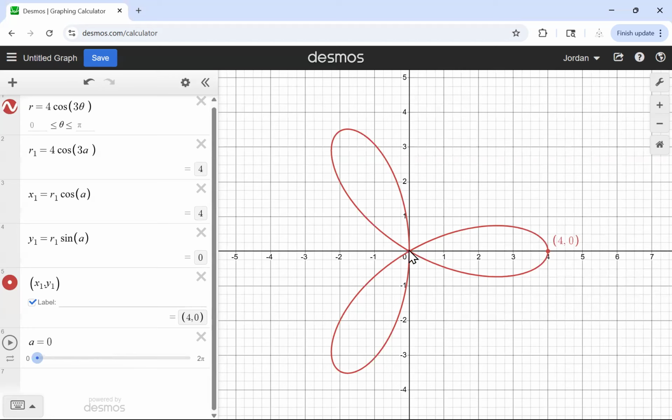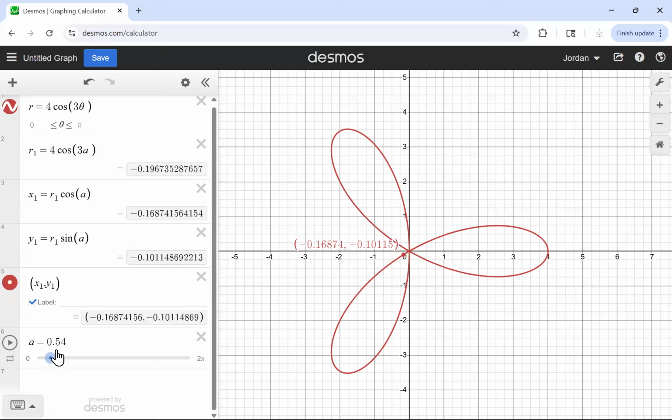I'm going to go from where we hit the pole or the origin, and I'm going to trace one loop out, doesn't matter which one, and then go to the next place where we hit the pole or origin. So as I start increasing my theta, and I would use trace if I was using the TI-84, I see that somewhere pretty close to a theta of 0.54, we cross over the origin.